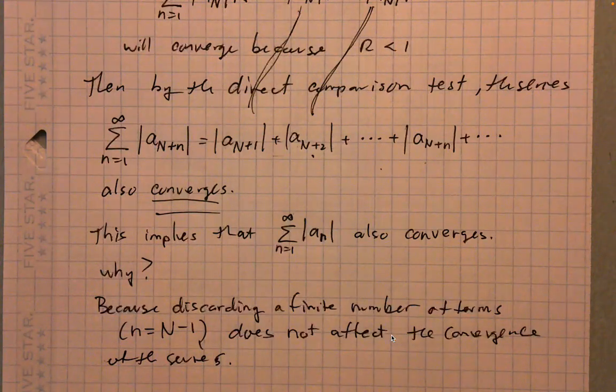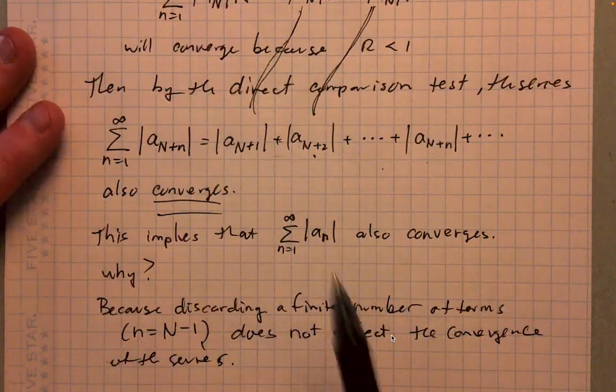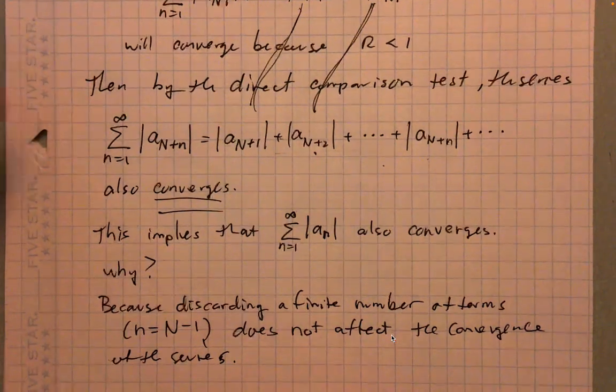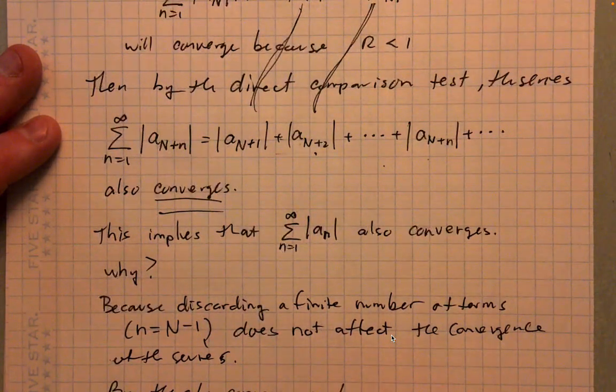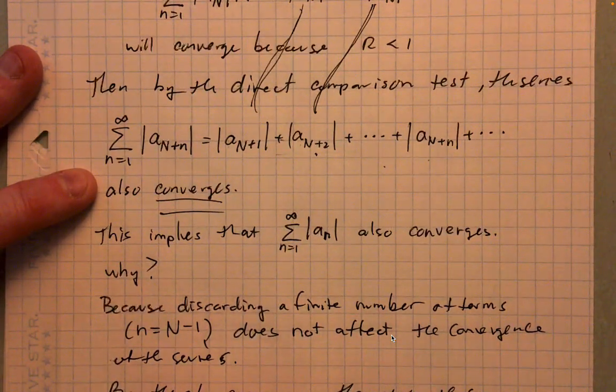So what do we have here? We have that this thing also converges. And so that implies, consequently, by the absolute convergence theorem, that the series converges.